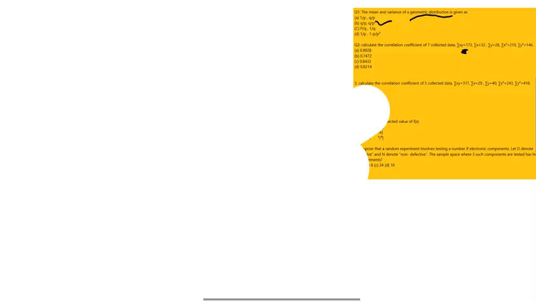Alright, so when you are looking for the correlation value, you can represent it with r. So r is equal to n multiplied by summation xy minus summation x multiplied by summation y, everything over the square root.